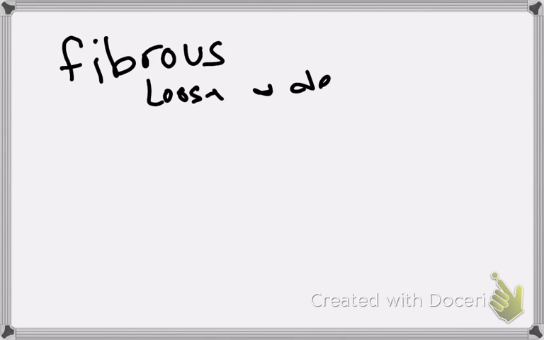Loose and dense. What's another kind? Collagenous is a kind of fibrous. Okay, I've been working with you guys on making sure you know what the categories are, all right? Muscle is not a connective tissue.